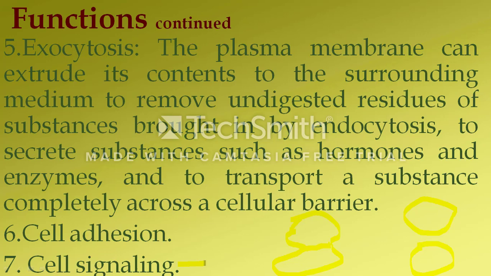So all those will be sensed, and this signal will be transported to the adjacent cell or within the cell itself or to the nucleus. The signal will be transduced, and this plays an important role in carrying out various metabolic reactions and in clearing the pathogens which cause the disease in the host organism.